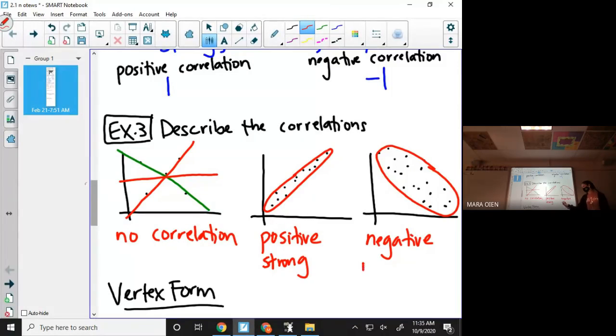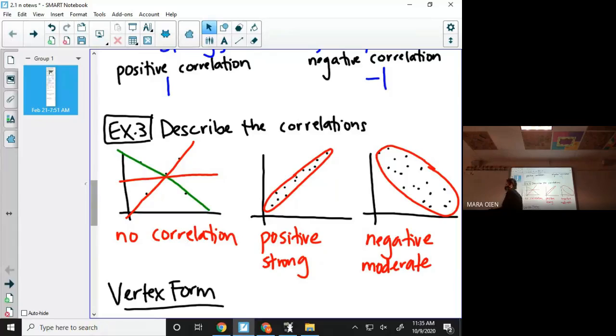You could say that it has a moderate correlation. If you said weak, I can't really argue with you because it's definitely not strong. So if you said negative and moderate, negative and weak, I'd be like, yeah, that makes sense. Okay. So strong doesn't necessarily have to mean it's a perfect one. It just has to mean it's pretty close to that one.